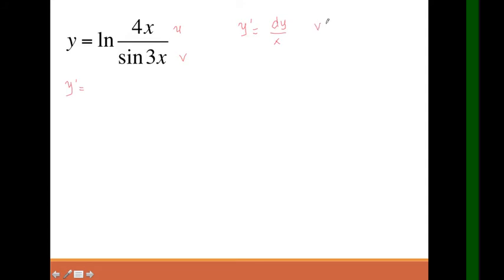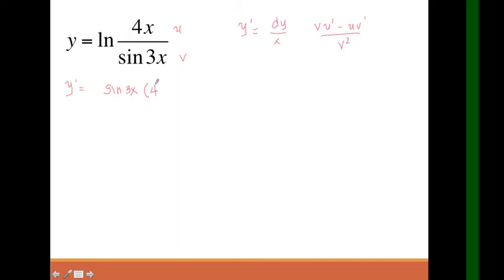So, we have v times the derivative of u minus u times derivative of v over I think v squared, no? Ganun yata siya. Okay. So we have v, so we have sine 3x. Ito yan, no? V. Derivative of u is 4x. So we have the 4x, which is 4.